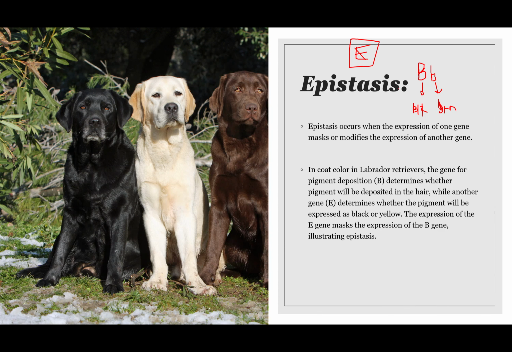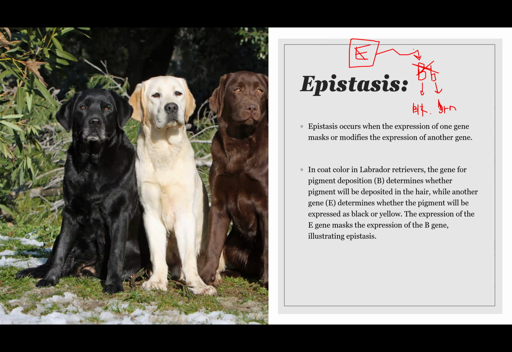If the epistasis gene is present, it will stop the expression of the gene. It could stop the expression of the dominant allele specifically and allow you to appear brown. Those are the two cases.